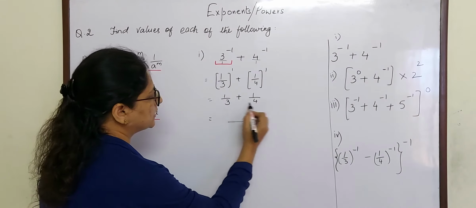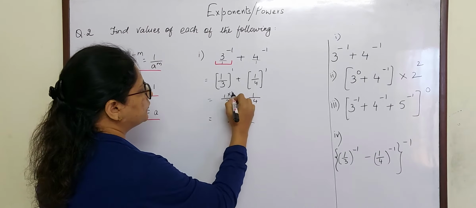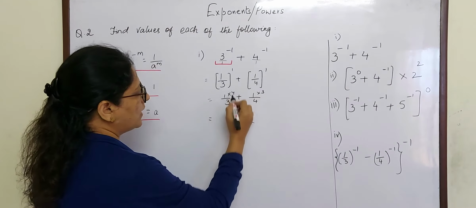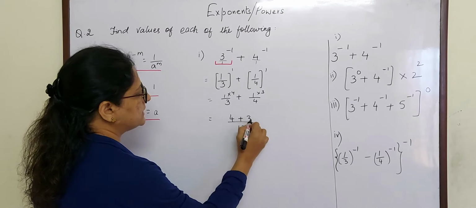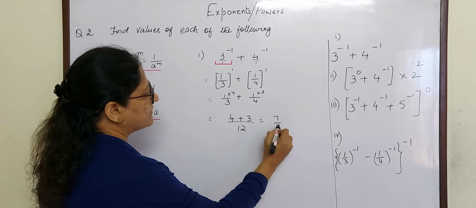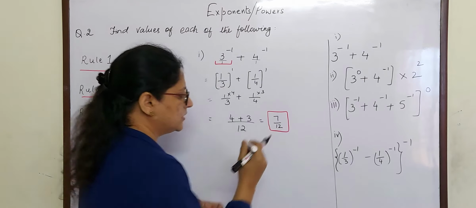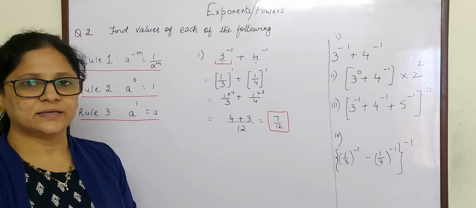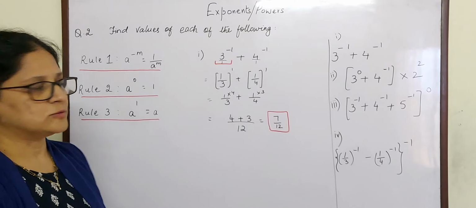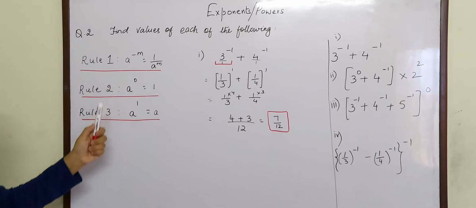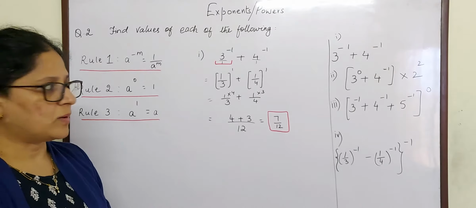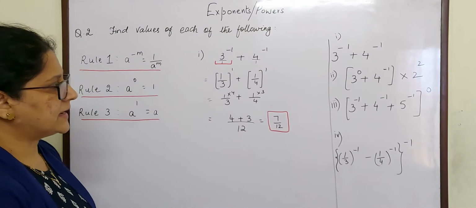So 4 3s are 12 is the LCM, into 4 into 3. So 1 4s are 4 plus 3, which is nothing but 7 by 12. So your final answer is 7 by 12. So you understood how simple it is if you know only 3 rules. A raised to minus m, a raised to 0 and a raised to 1. So let us go to the next sum.